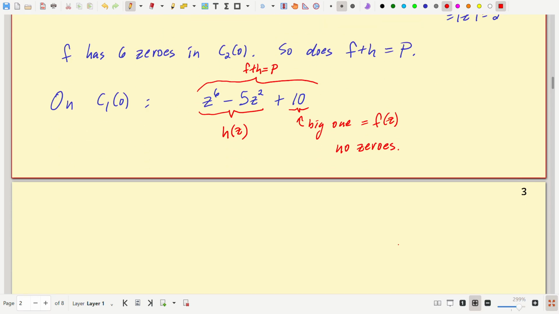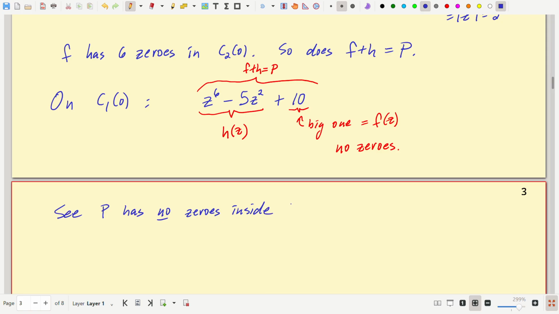And so what you see is that CP has no zeros inside D1 0. And you remember the hypothesis implies there's no zeros on the circle either. So all the circles have to be strictly inside the annulus.